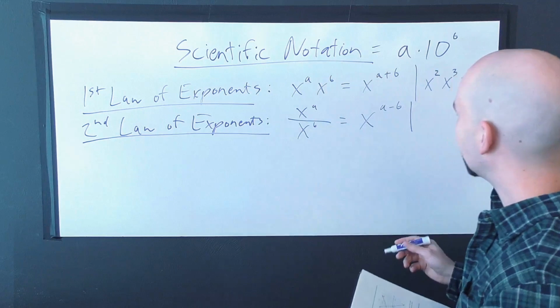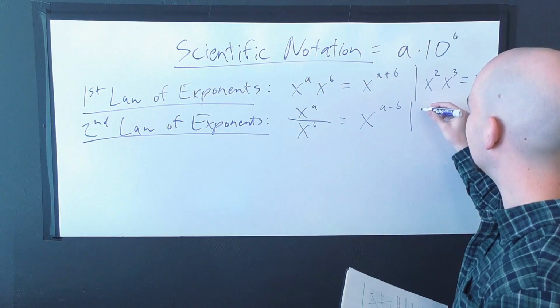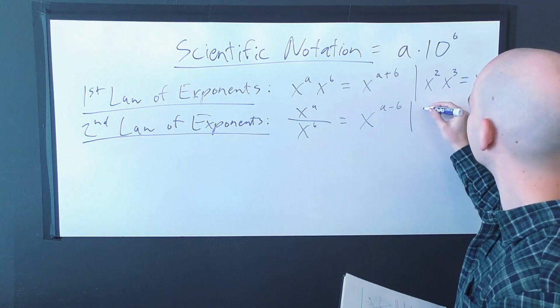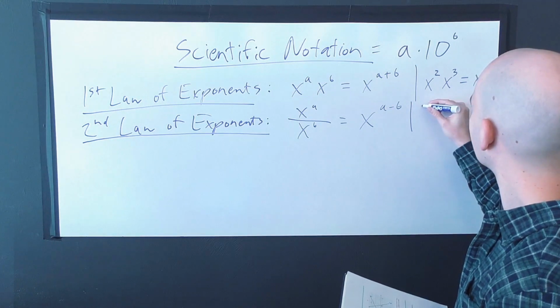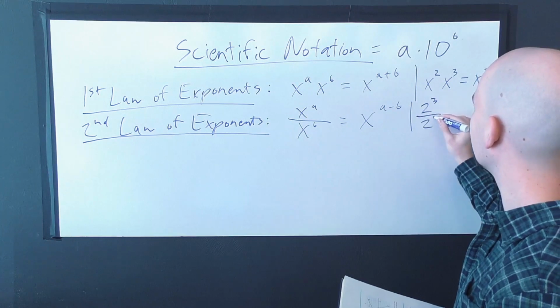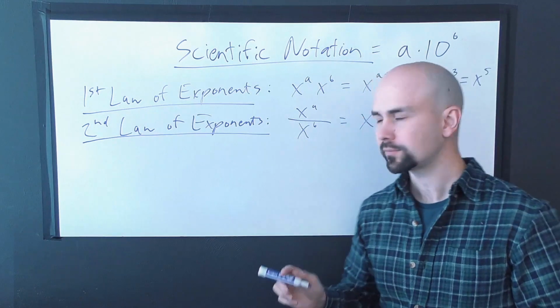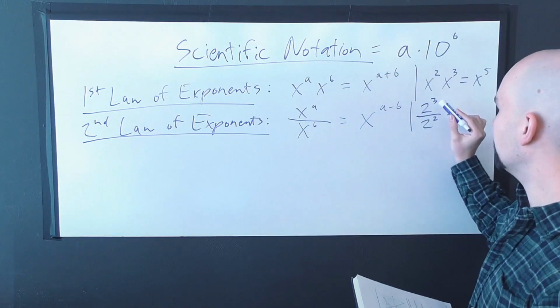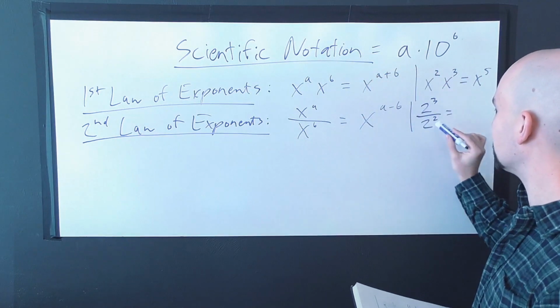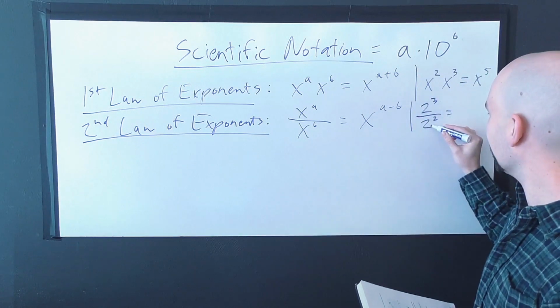So I'll do an example. If I have, let's say, 2 cubed divided by 2 squared, then what I'm saying is 2 times 2 times 2 divided by 2 times 2, aka 8 divided by 4.